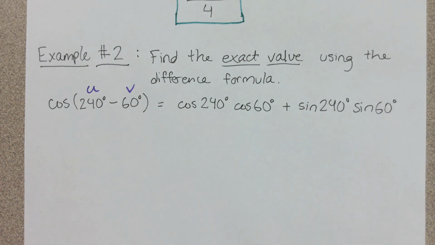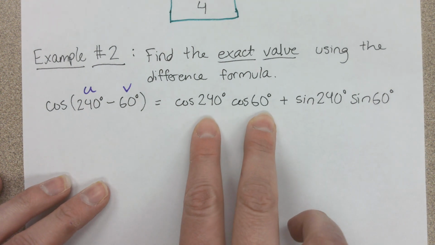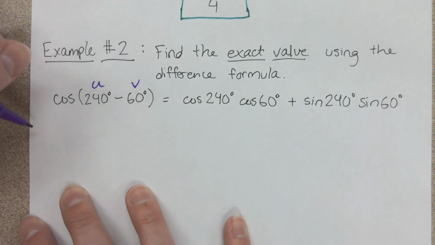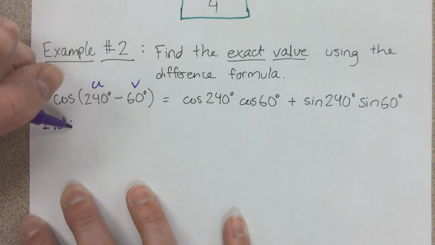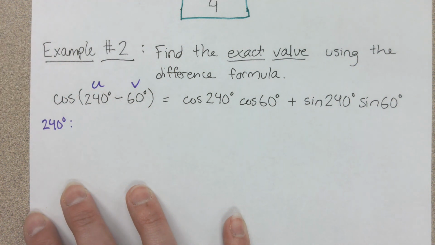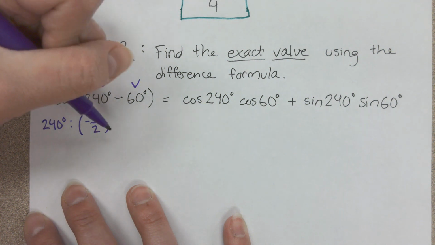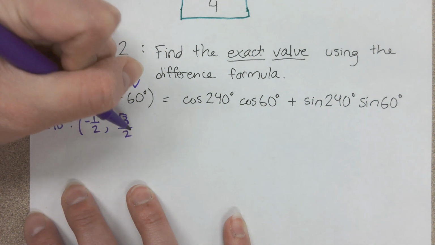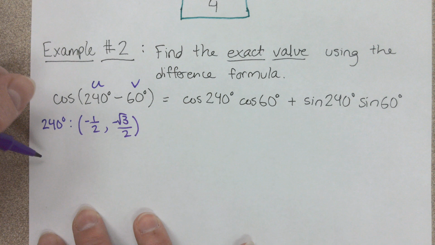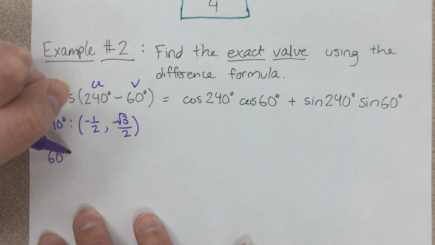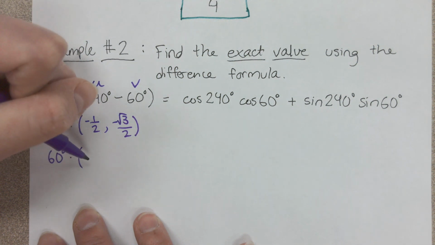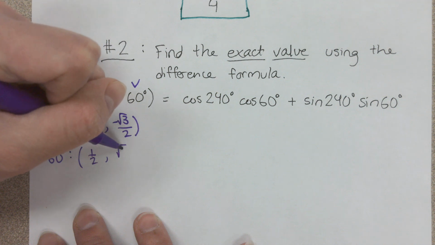Just like the previous problem, I'm going to pull the information for both of these angles from the unit circle. 240 degrees on the unit circle, its point is -1/2, negative rad 3 over 2. And 60 we've already used, 1/2, rad 3 over 2.